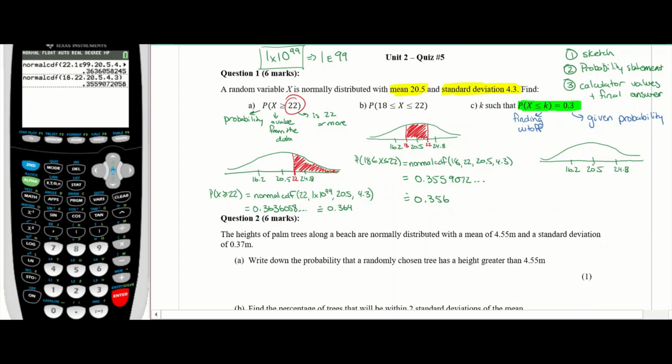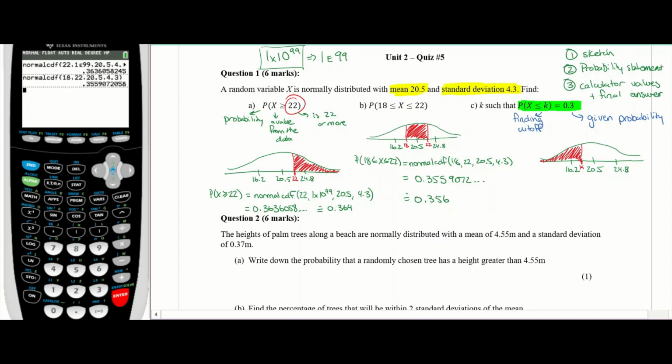So 50% of the values are to the left of the mean, 50% of the values are to the right, and then your cutoff, if 30% of the values are below k, then that means k has to be somewhere to the left of the mean, because otherwise it would be a lot more than 30% that was below k.